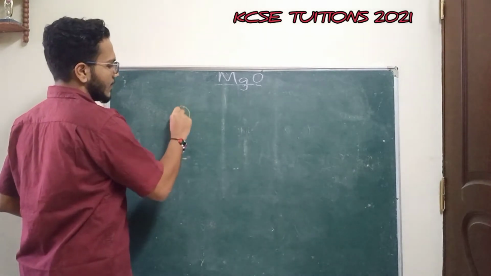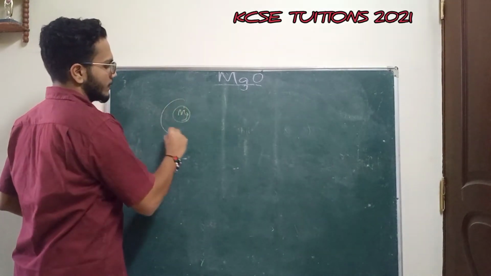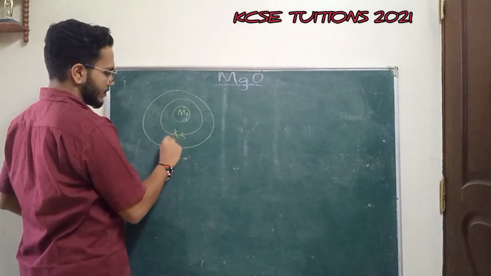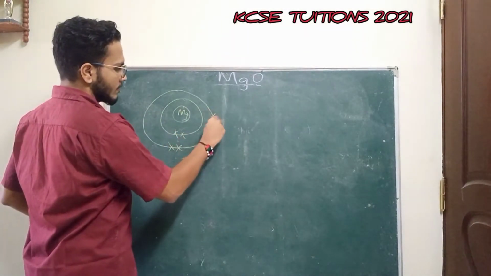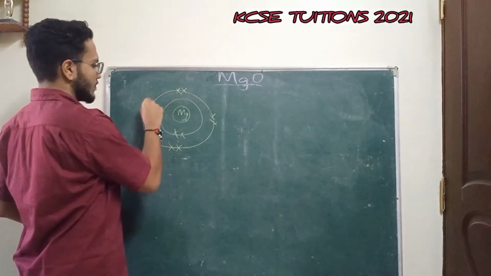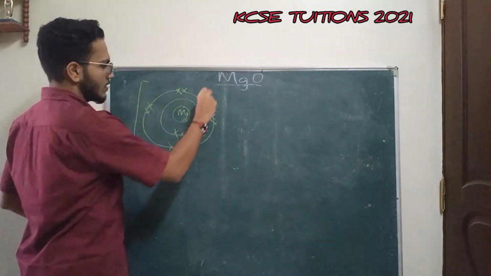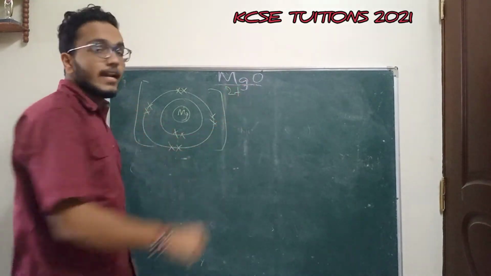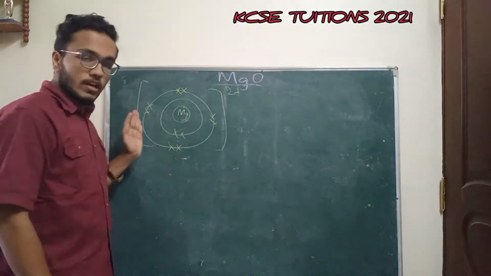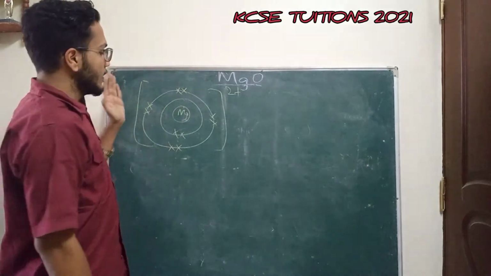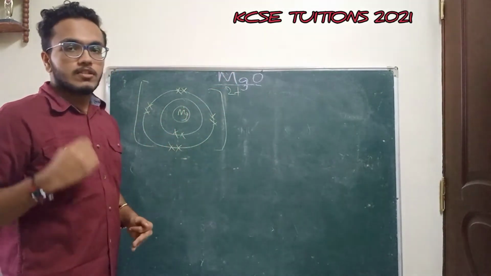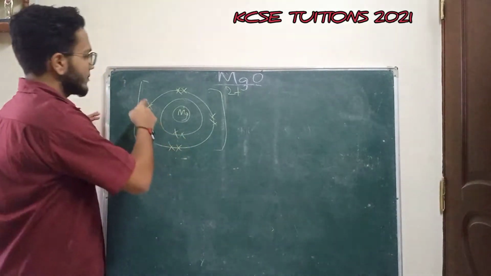Magnesium, Mg, the first energy level and the second energy level. What is the charge of magnesium? 2 positive. Why? Because it loses 2 electrons to oxygen. It loses 2 electrons which are gained by oxygen. So when an atom loses electrons, it becomes positively charged.